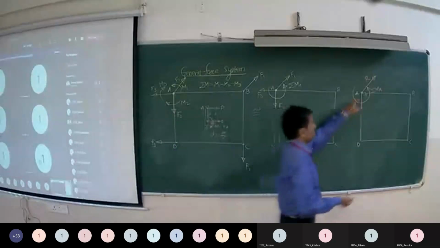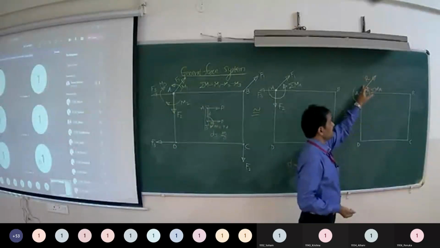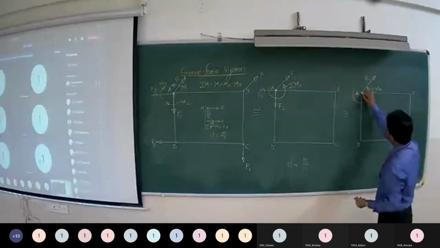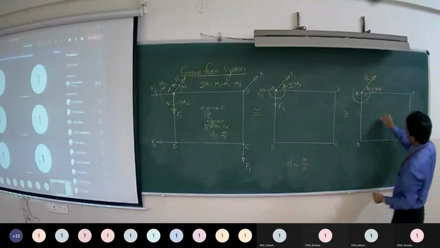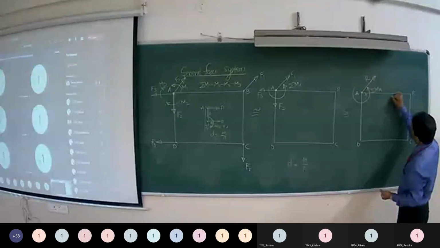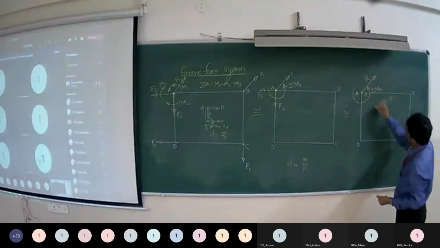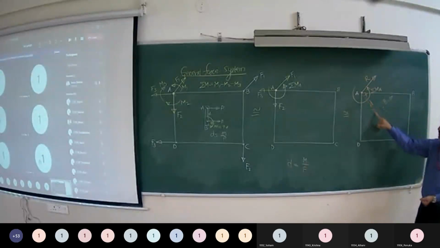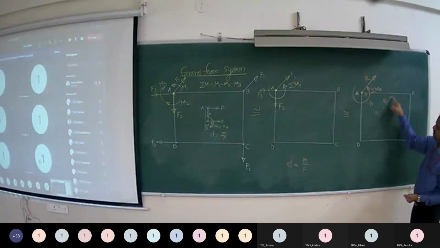So when you add the resultant force and moment, this resultant will be transferred parallelly by a distance d. Right? Parallel means the direction of the resultant remains the same.